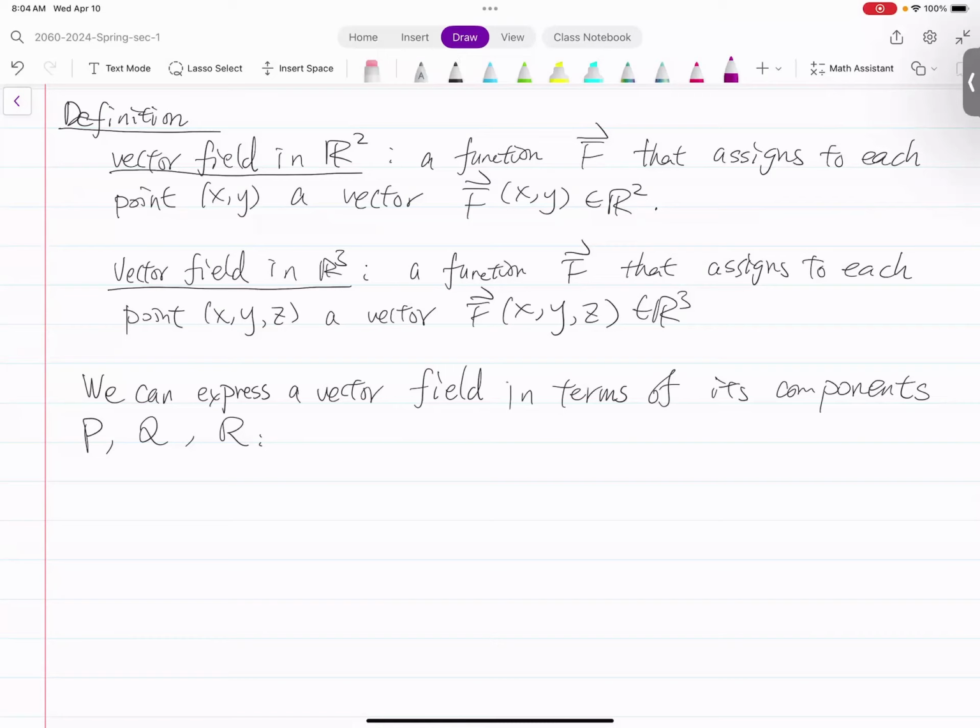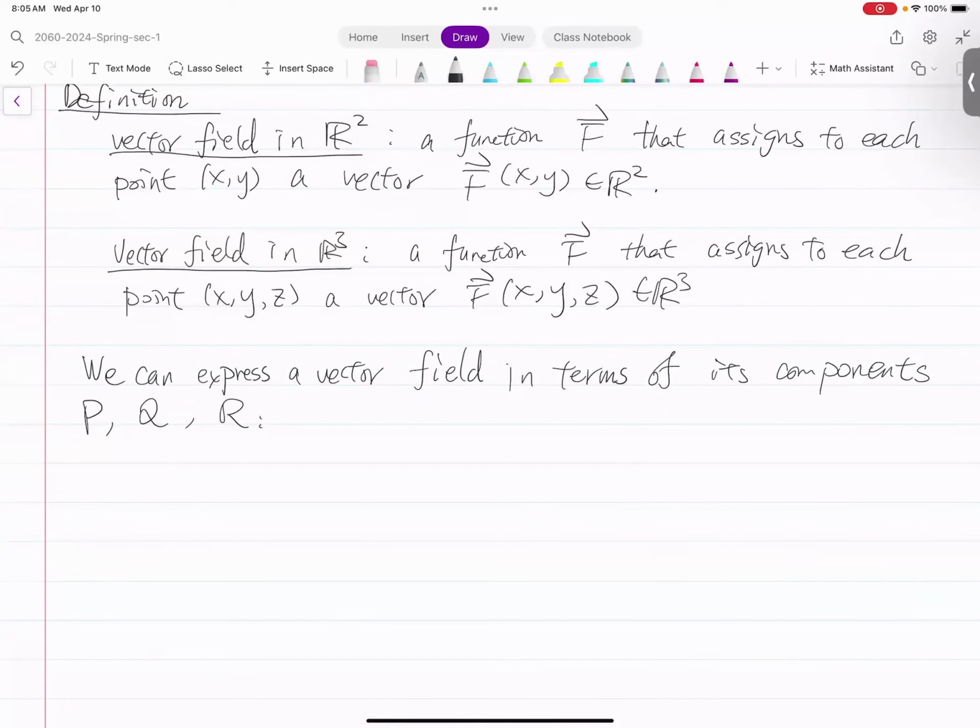Basically, here we're going to use that similar strategy. So this one will return you the x and y components in 2D. So we're going to utilize every component as a multivariate function. It's the same for the vector field in 3D. So we're just going to utilize P, Q, and R as the location. So basically, for F of (x, y, z), we explicitly write down components as P of (x, y, z), Q of (x, y, z), and R of (x, y, z).